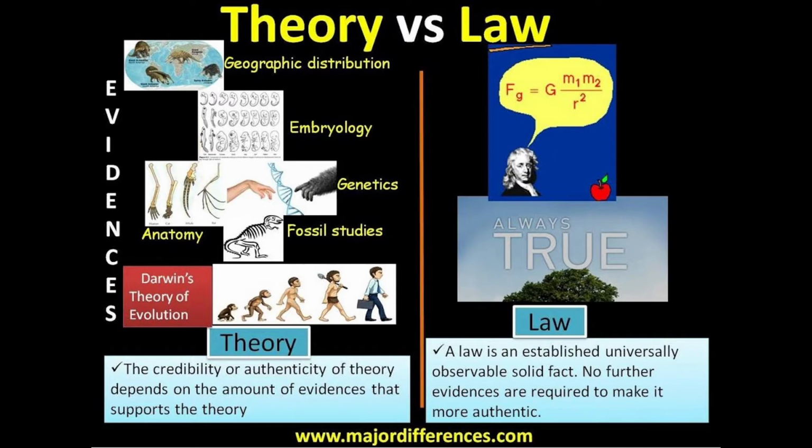This theory usually has a great conflict with religion and also the creational theory, because, just like it says, it depends a lot on how much evidence you have. For many religious people, we humans and the whole universe were created by God. But that is not a law, that is a theory.